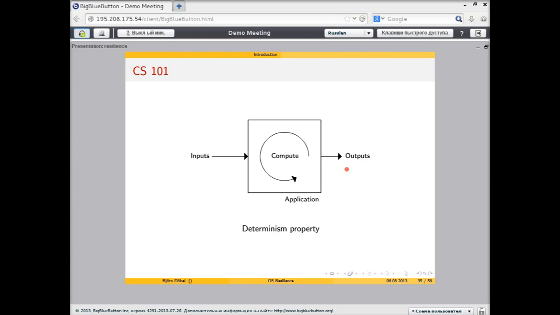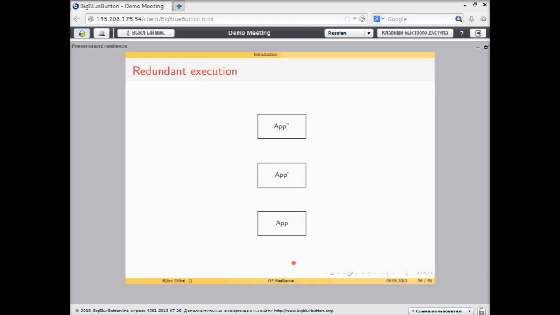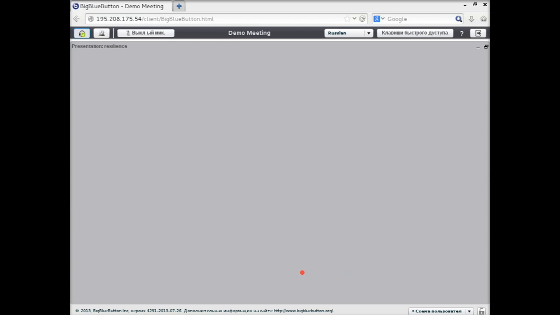And this assumption usually holds in traditional single-threaded applications. And if we have a deterministic application, what we can then do is take several instances of the same application. So this is 3 times performing the same amount of code, or running the same code. We can collect the inputs going into the applications and pass them to all the 3 instances of the application.